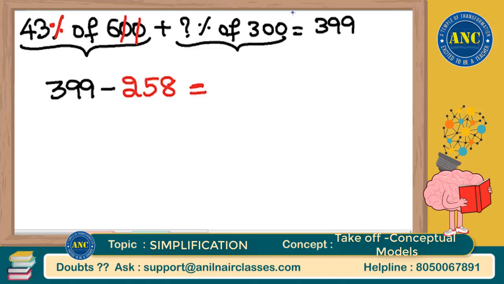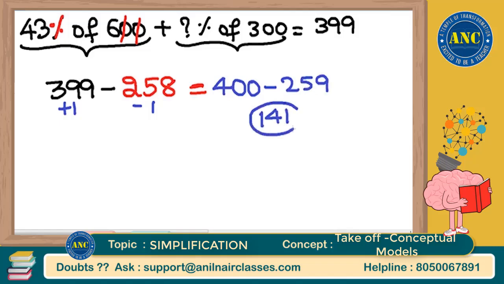I want to make it a fancy number. Add 1 to make 400, subtract 1 to compensate. It is equivalent to writing it as 400 minus 259, which is nothing but 141, right? Left hand side is question mark percentage of 300 is equal to 141.